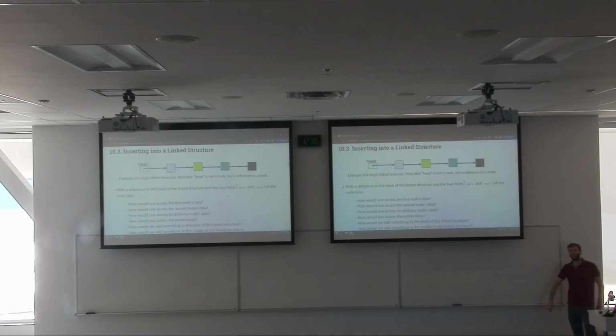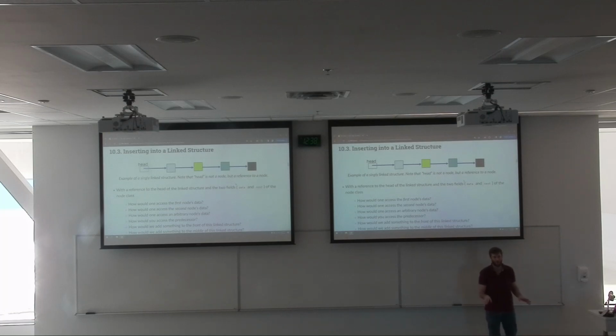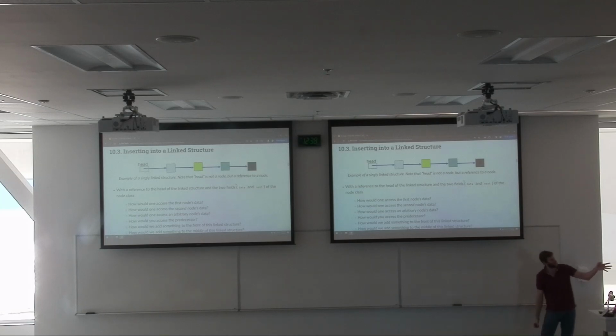So here's a visualization of some link structure. Head is a reference variable to a node, but it's not a node, it's just a reference variable. The thing it references, that light blue box, that is the node. What's not shown in this structure are the references to the data. We're ignoring the data for a moment.